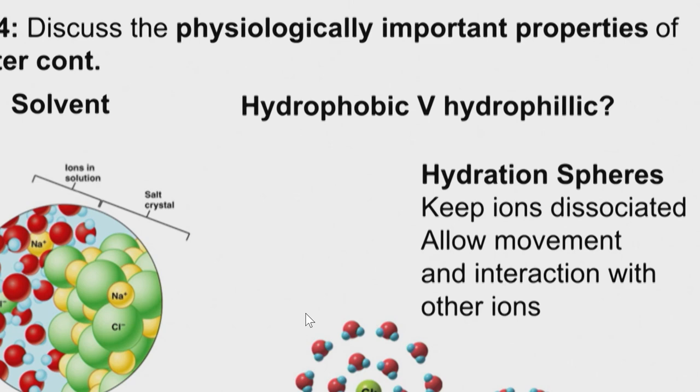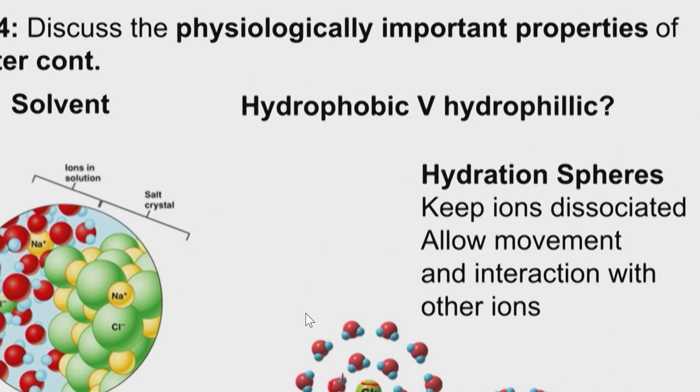So the chlorine, which was negatively charged, is going to have the positively charged hydrogens turned towards it. The hydrogen side is going to want to be turned towards the chlorine, which means it's going to want to put its negative side away from the chlorine. And then the opposite is going to be true with the sodium.